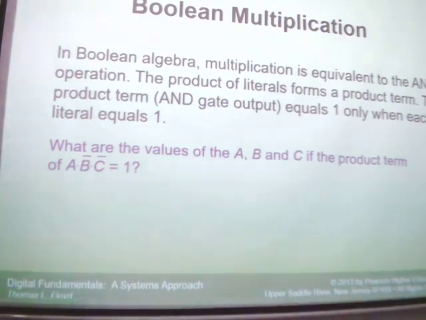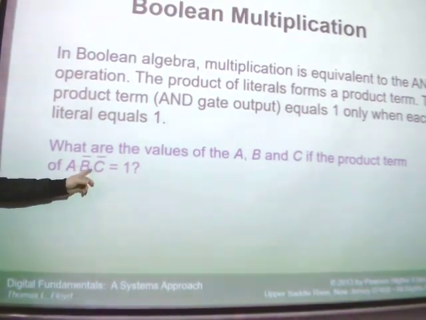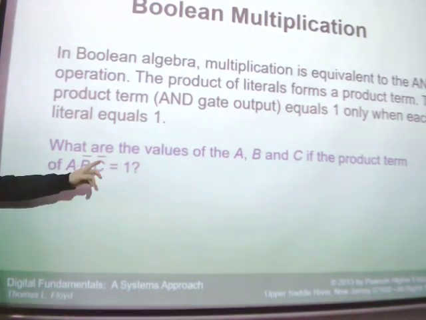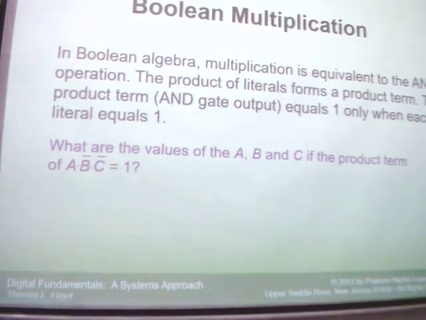If we want the product term A, B overbar, C overbar to equal 1, the value of A should be 1, B overbar must be 1, and C overbar must be 1. So A equals 1, B equals 0, and C equals 0. Right? Yes.